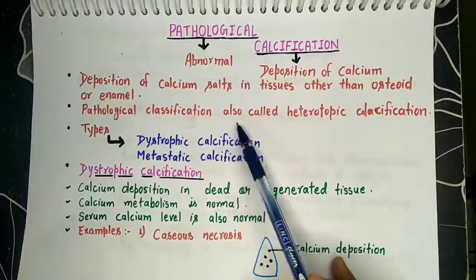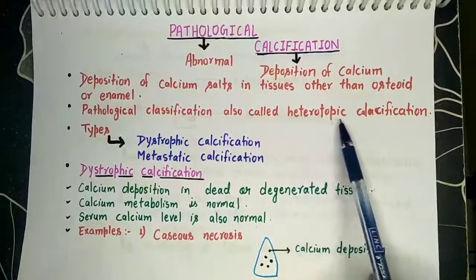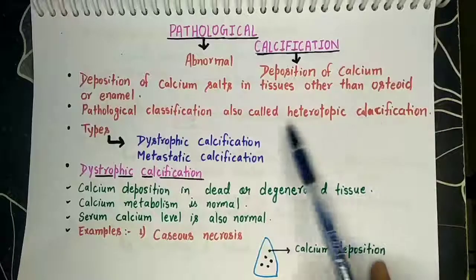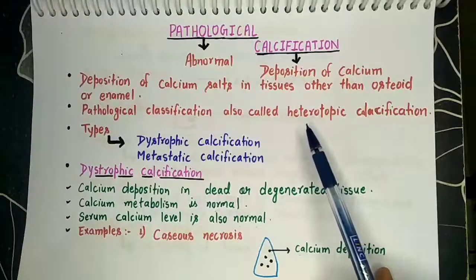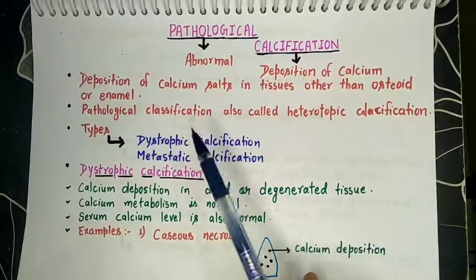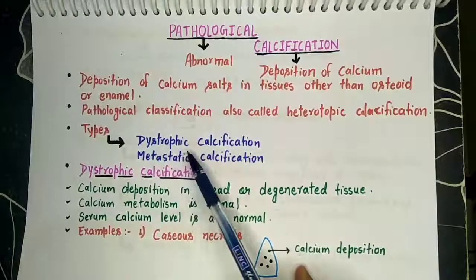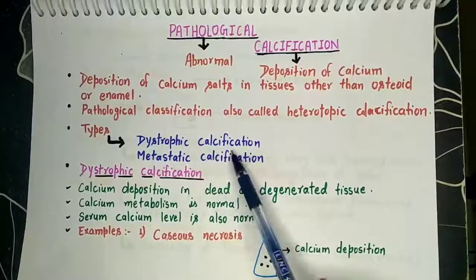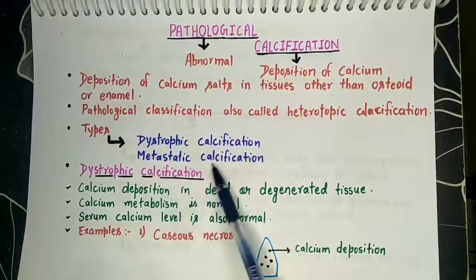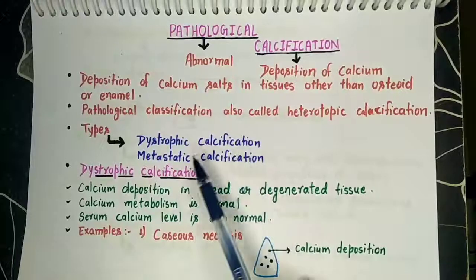Pathological calcification is also called heterotopic calcification, because it can occur in different parts of our body, different organs of our body. What are the types of pathological calcification? First one is dystrophic calcification and the second is metastatic calcification.